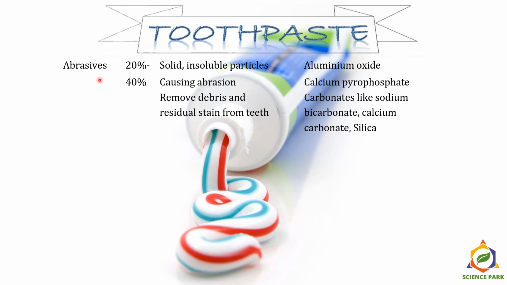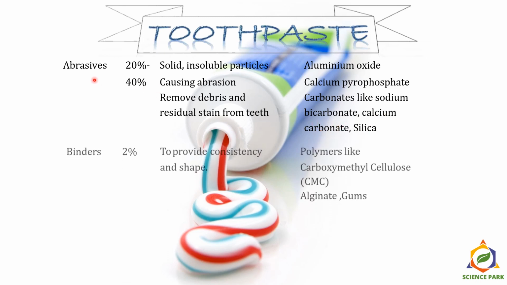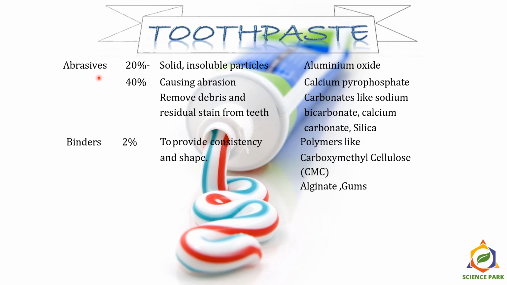So for abrasives, nowadays we use aluminum oxide, calcium pyrophosphate or carbonates like sodium bicarbonate and calcium carbonate. Calcium carbonate is the most common abrasive material. Nowadays people have started using charcoal as an abrasive, which is the ancient abrasive used in India.